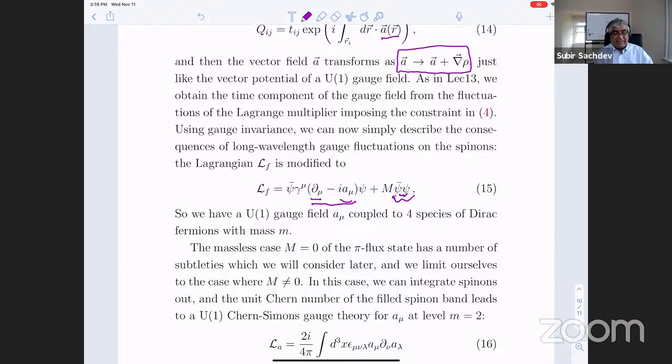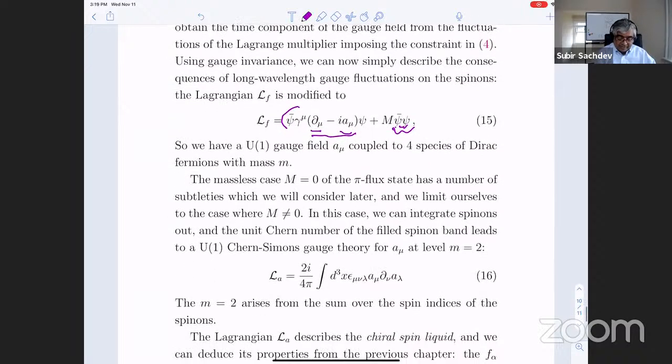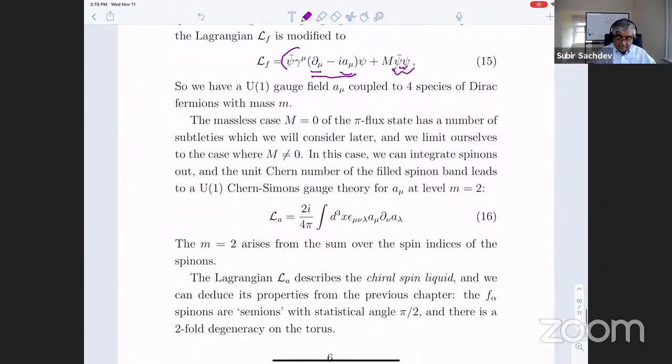So exactly the same thing should happen here. Since the fermions have a gap, I can integrate them out and get an effective theory for the gauge boson. Now it's a strongly fluctuating gauge boson. It's an emergent gauge field, not an external gauge field. And for each occupied Chern band, I will get coefficient 1.